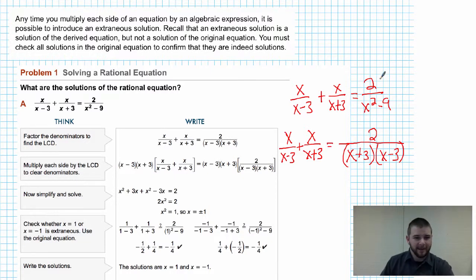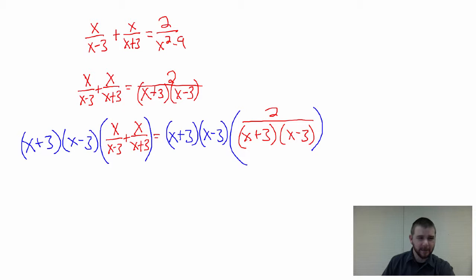I'm finding I need a little bit more elbow room, so I've copied some of this work to the next page, where you can see in blue I've multiplied both sides of the expression by the least common denominator. That least common denominator needs to be distributed to both of these terms. Something much more simple will occur on the right-hand side, where x plus 3 and x minus 3 will cancel out.